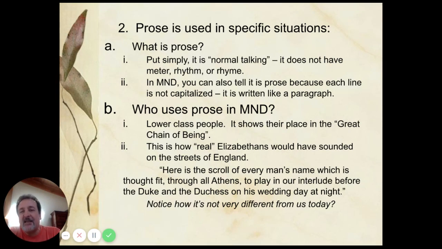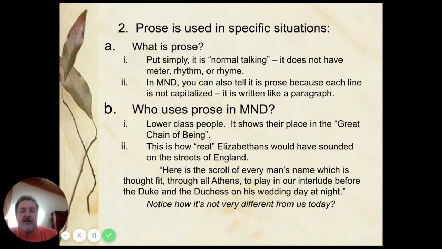And this makes sense if you look at how the Elizabethans viewed people. They thought everybody was at a set point in society, the great chain of being, for those of you who read about that in the medieval unit. So upper class people had greater control. They could shape the language better than the lower class people, or so it seems in these plays.